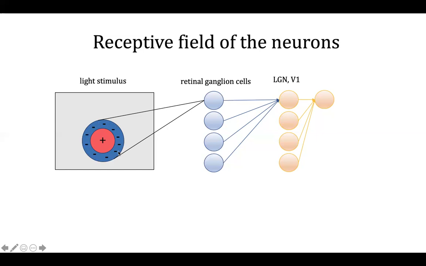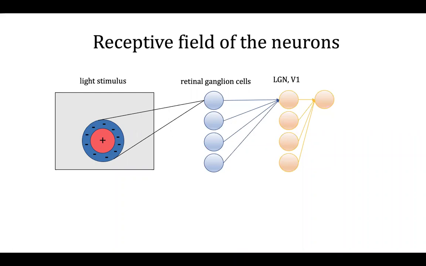So there was a very specific connection between each neuron and a specific location in the visual space. For example, this hypothetical neuron would react only if light is placed here in this red circle with the plus sign. So it's the activation area of this neuron.